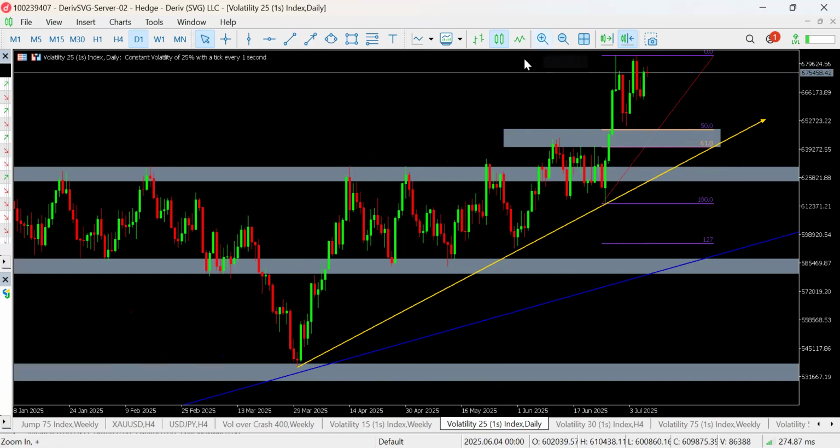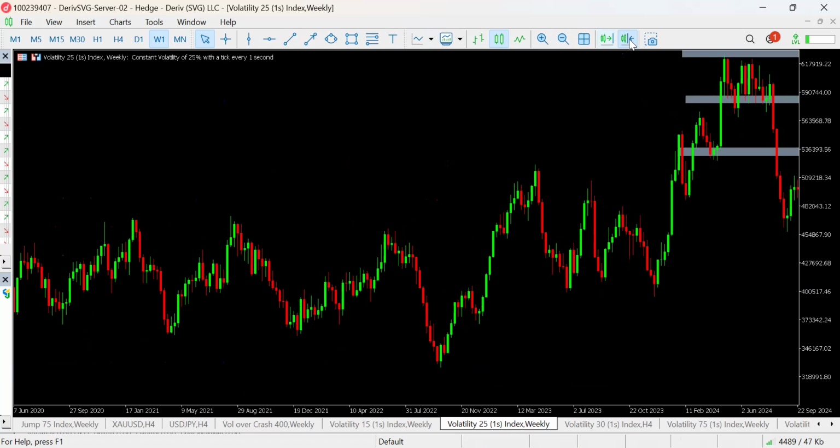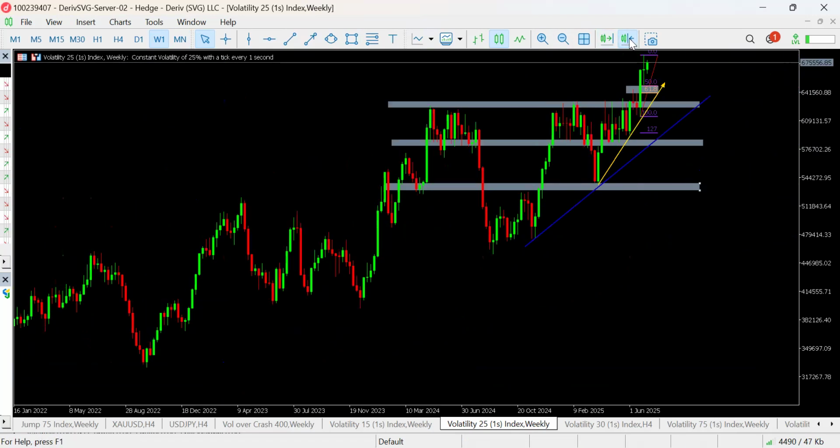So just to summarize what we've seen from our analysis, from the monthly time frame, we saw that the market was in an uptrend. We came to the weekly time frame to pick out zones where we feel would be important to our analysis, and we're able to pick out this very strong initial resistance zone that has just been broken, and we're hoping would act as support in the nearest future.